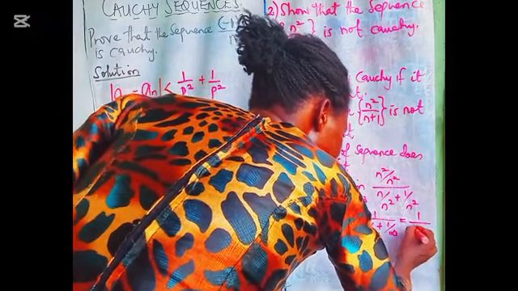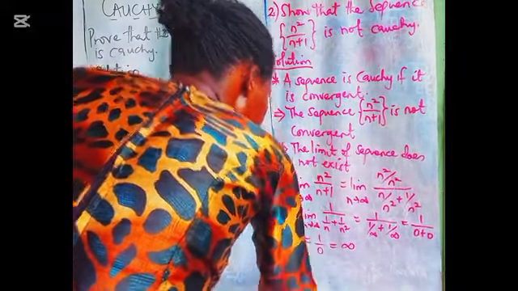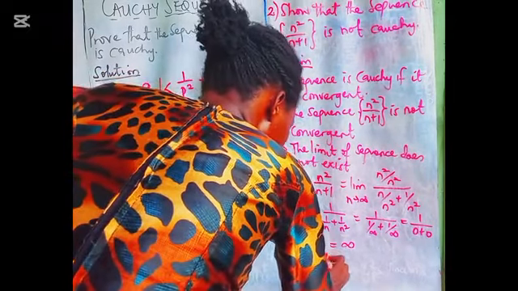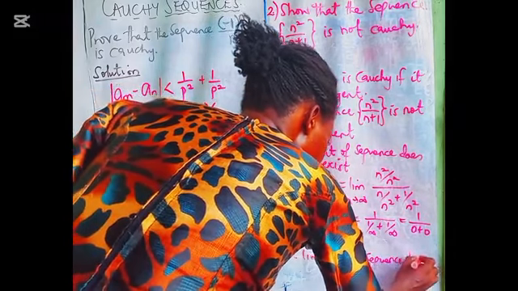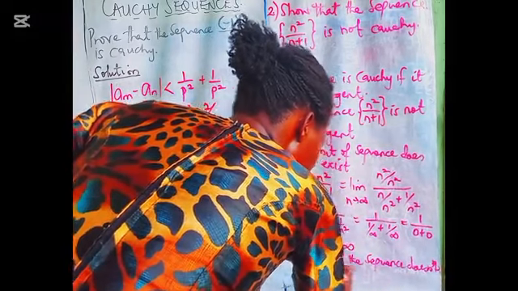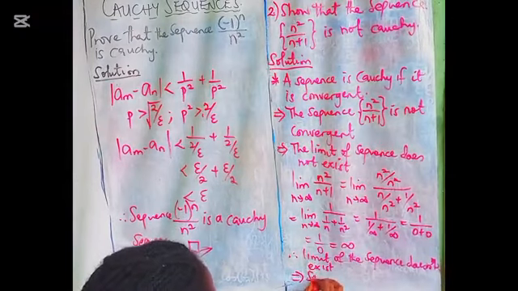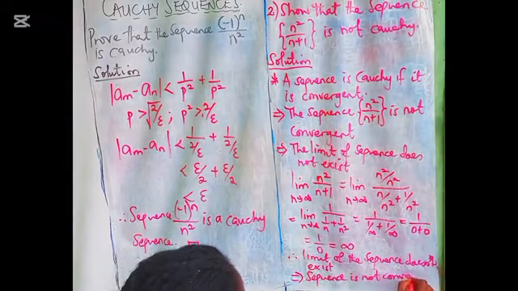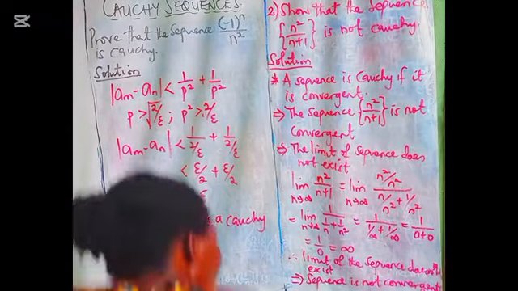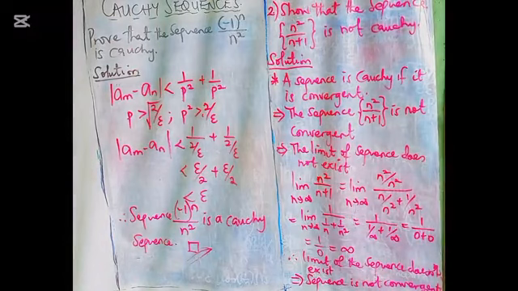That's equal to 1 over 0 plus 0. And that is equal to 1 over 0, which is equal to infinity. Therefore, the limit of the sequence doesn't exist, and that implies that the sequence is not convergent. And since the sequence is not convergent, it means that the sequence is not Cauchy.